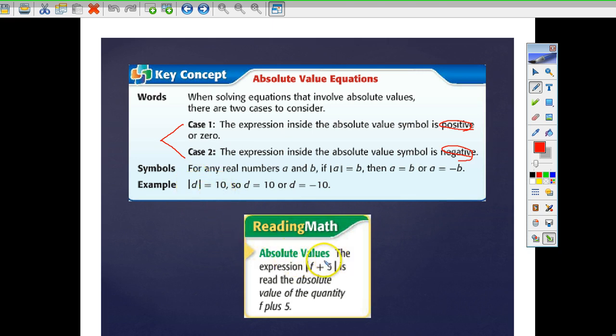A real quick reading math lesson: the expression is read as the absolute value of the quantity f plus 5.